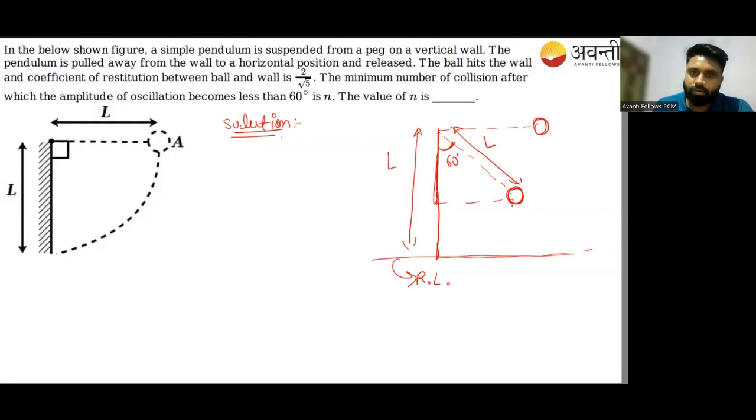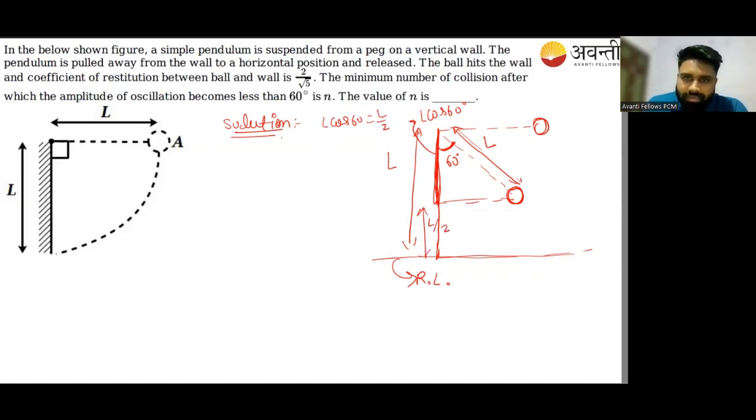So if I talk about this system, this L has a component in this direction and this direction. This direction is nothing but L cos 60, which is L by 2, because L cos 60 is nothing but L by 2. So this distance will also become L by 2. Got it?